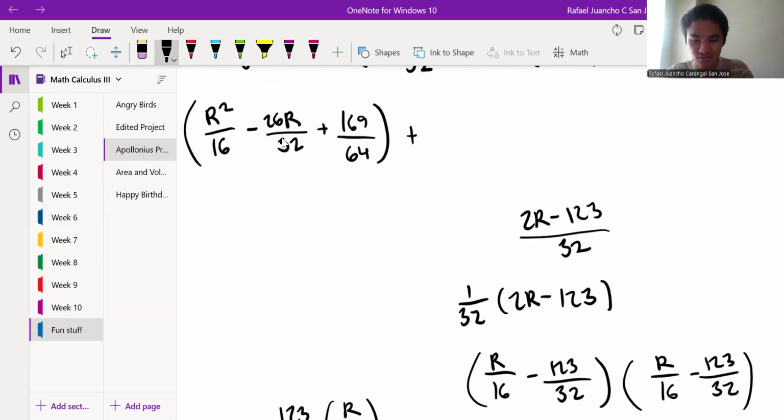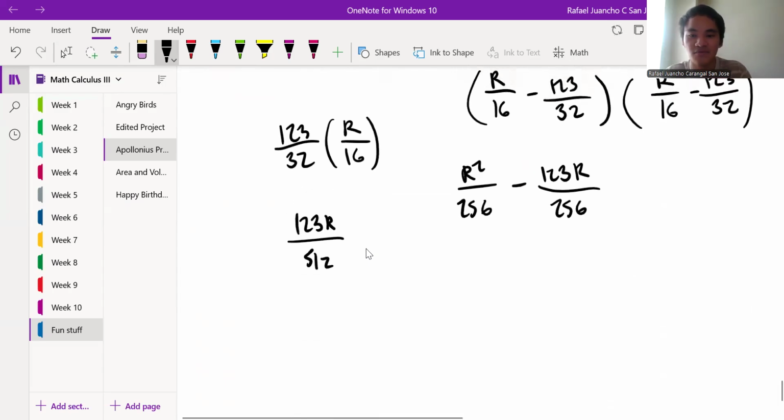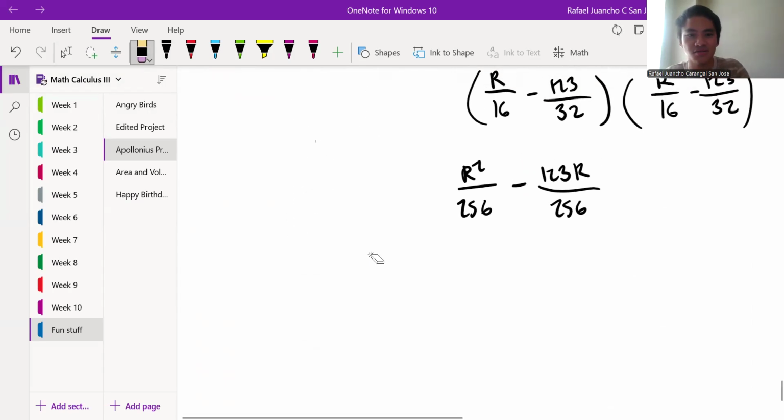Because I was like, wait, there's a pattern. This is 13, this is 16. And then I'm thinking I could still simplify this, or no, probably not. No, I can't. Yeah, I can. Okay, you have this. And then lastly, I just square that thing. So I get 32 squared, 10.